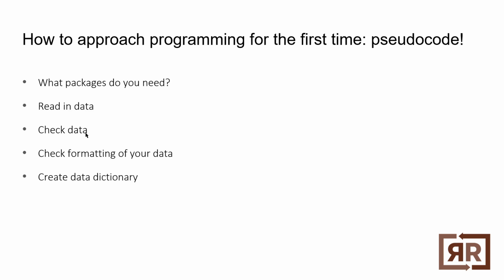Then, and this is not always necessary, but it's great to create a data dictionary. Sometimes when we load in our data, or when we are collecting our data to begin with, we'll name variables random names, or we might save something and name it something random, even though this isn't great practice. It's always great to create a neat data dictionary that says what each variable you're looking at is doing.